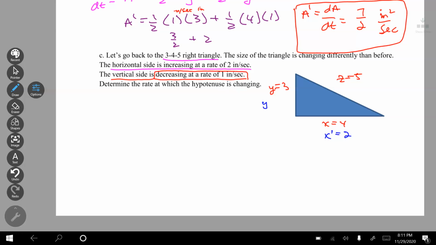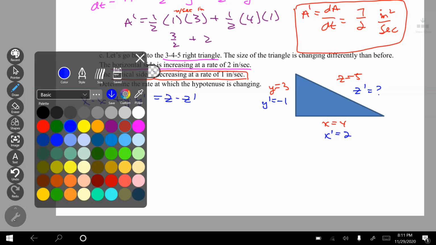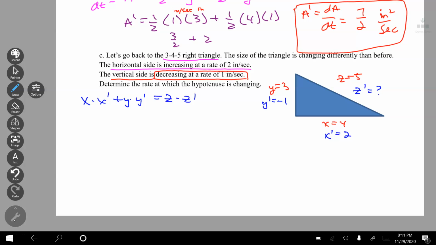The vertical side, y prime, is decreasing, that's -1, and my z prime is what I don't know. That's what I'm trying to find. So I have x times x prime plus y times y prime is equal to z times z prime. I could put in what I know.